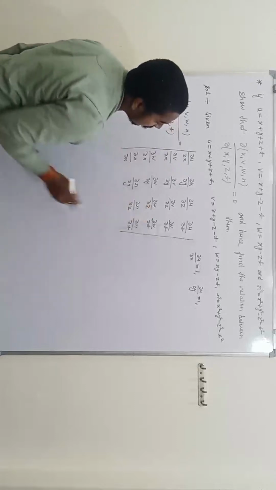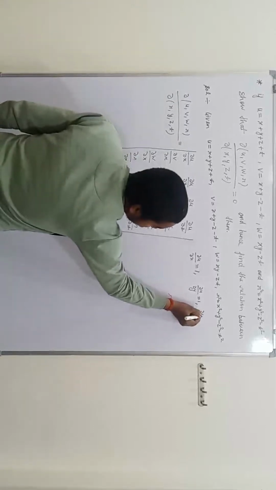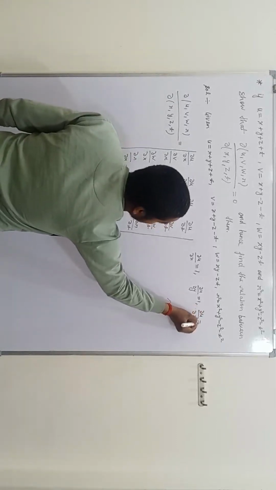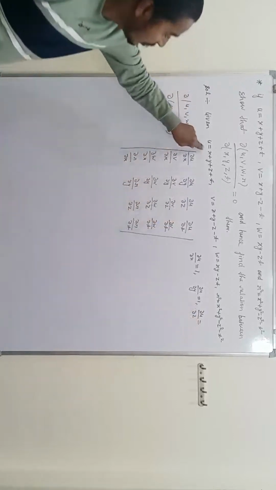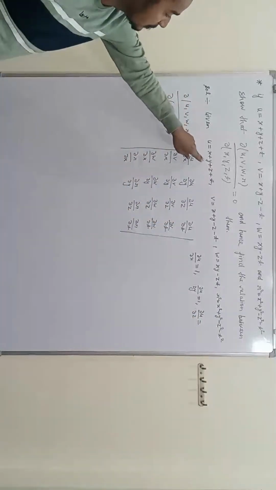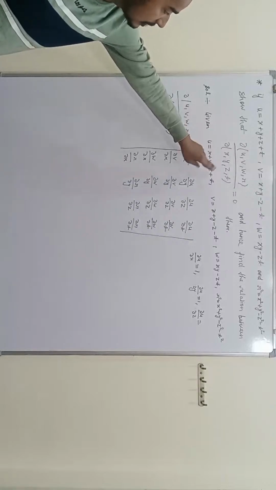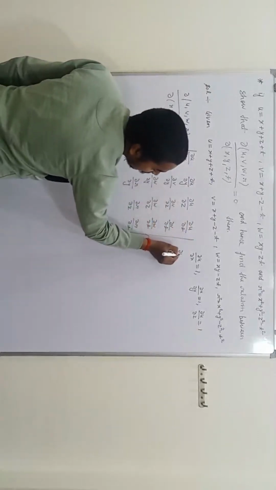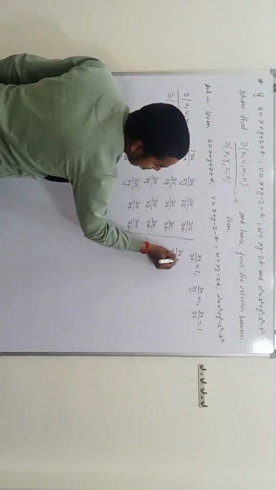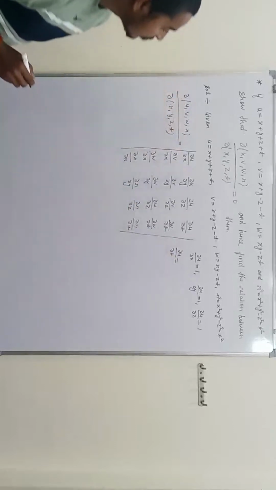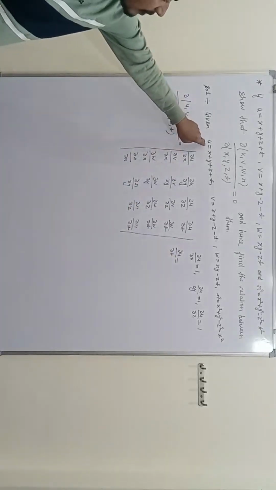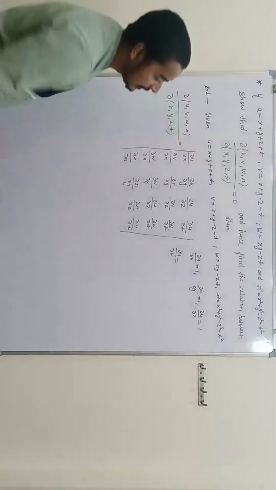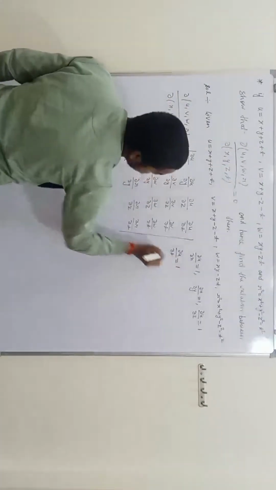Del u upon del z, again differentiating partially with respect to z, that is 1. Further, we have to find del u upon del t, again differentiating partially with respect to t, that is also 1.